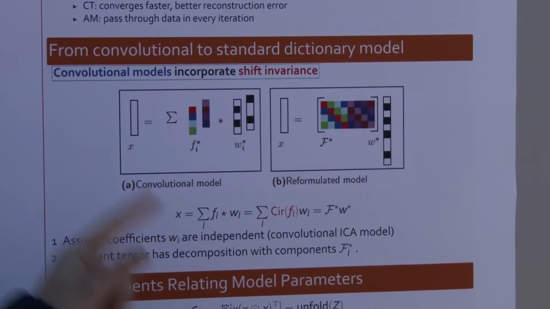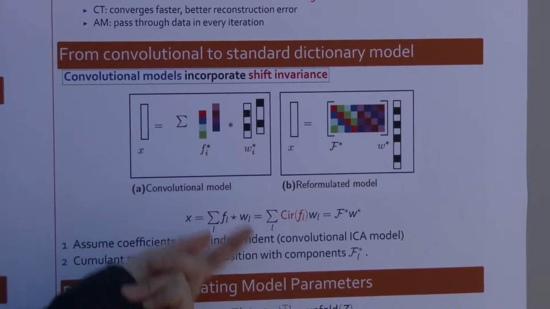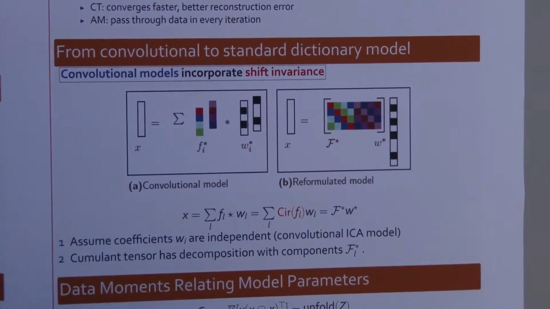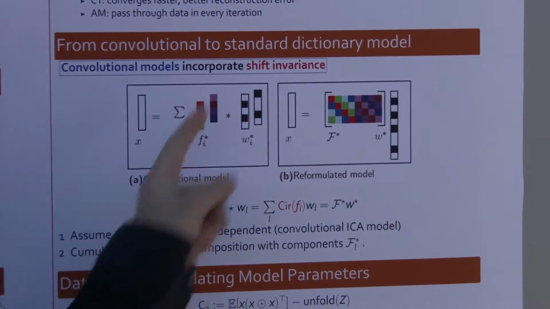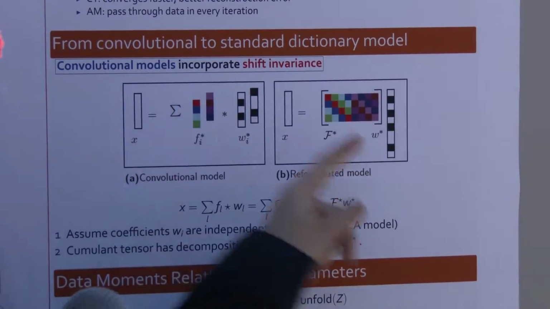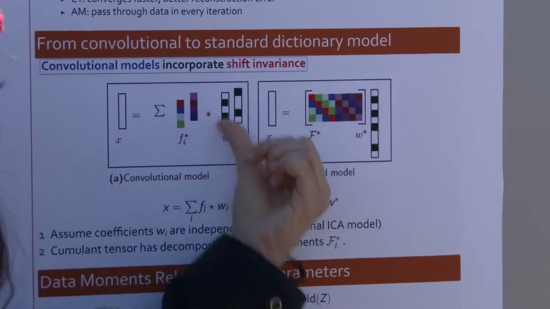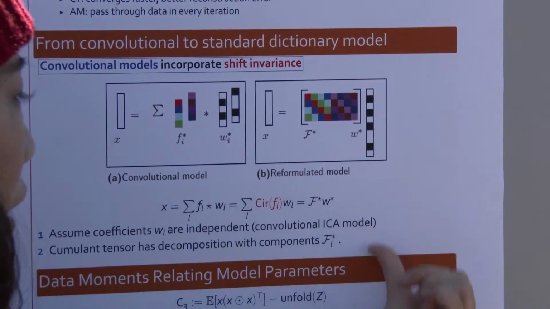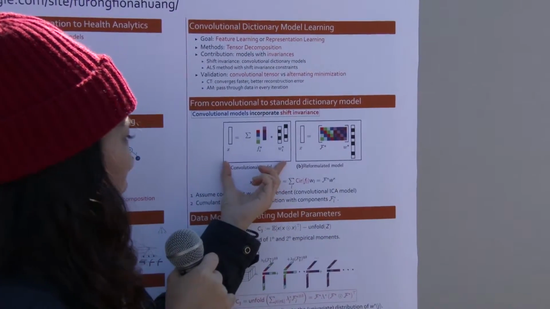Here, we're reformulating the convolutional dictionary learning model by introducing a circulant structure, meaning that for each of these filters, we can have a shifted version, put them together, and connect all the activation maps into a very long vector. And this model is equivalent to this.